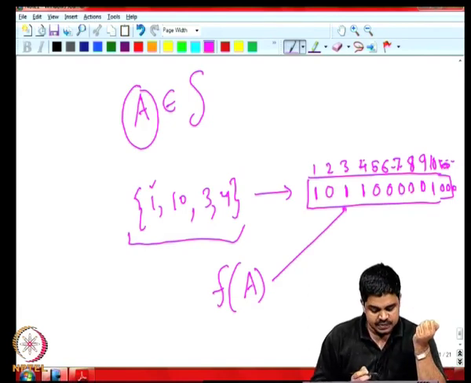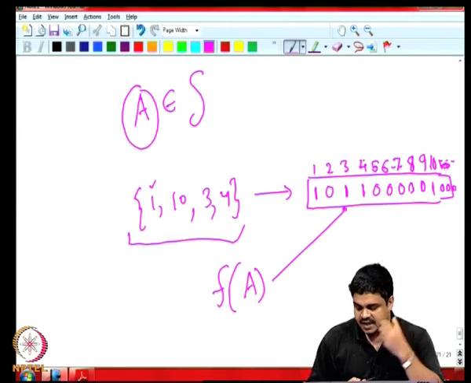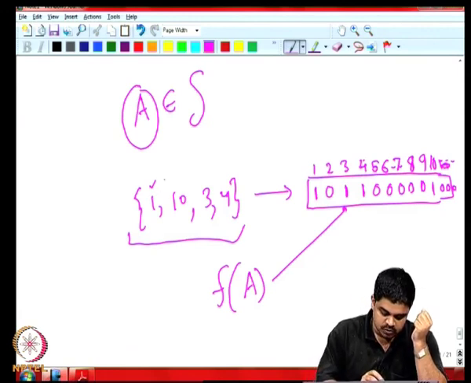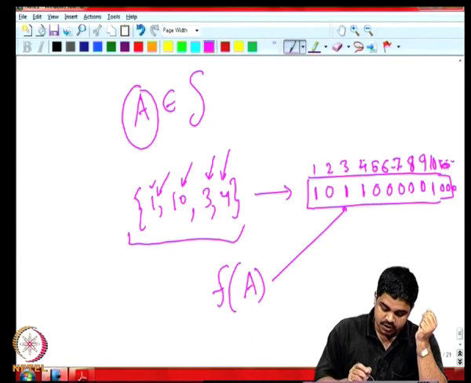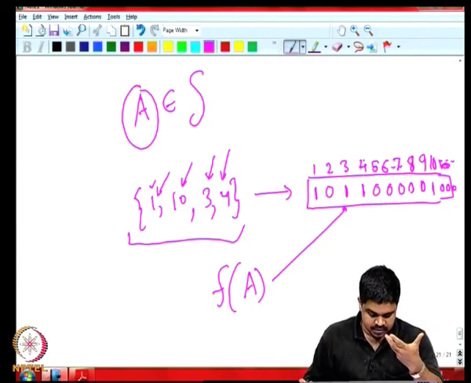So given any subset, I can define a string like this by putting ones at exactly those positions where those numbers are members of the subset, and zeros for those positions where the position numbers are not in the subset.